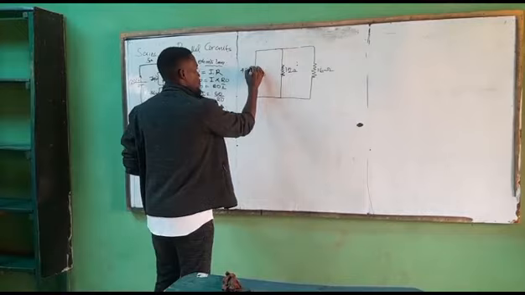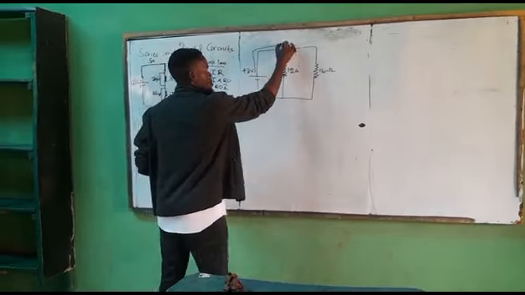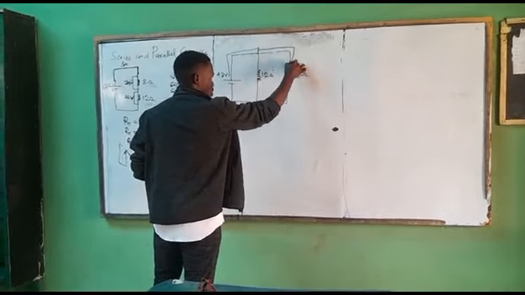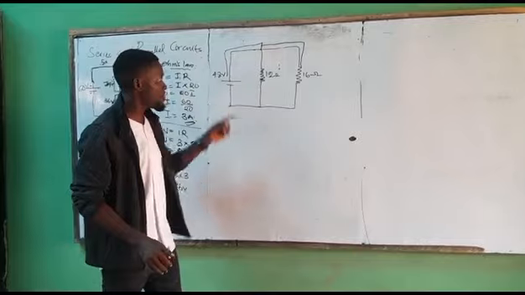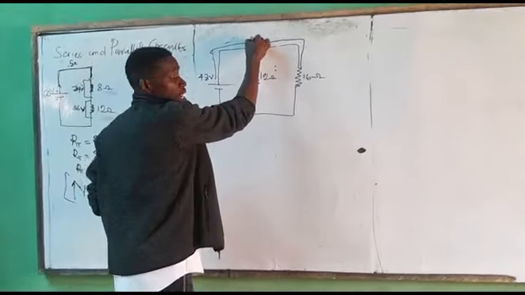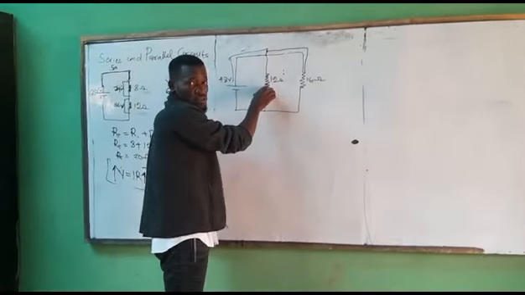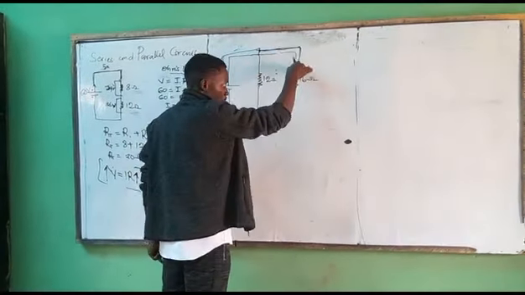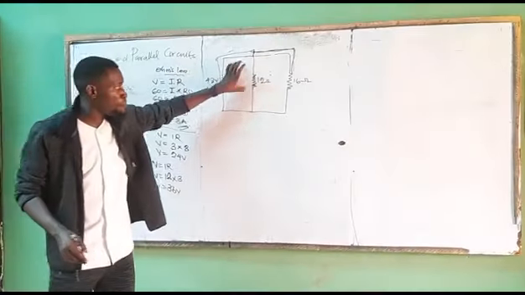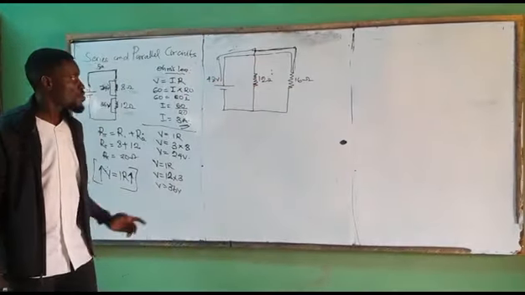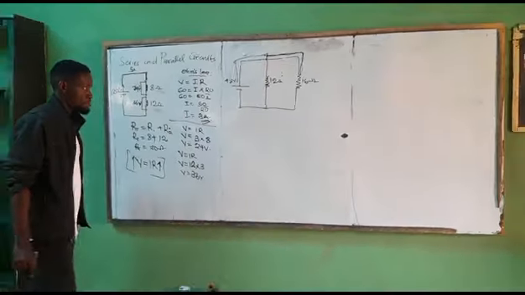If the current moves from here, part of it drops to this resistance, and it also continues its journey and drops to this resistance. That is, let's assume the current flow here is 5 amperes. Once it gets to this part, it's going to split. Part of that 5 amperes drops to this 12 ohms, so the remaining will drop to this 16 ohms. So therefore, this becomes what? A parallel connection. Why? Because the current is not flowing in a single path.